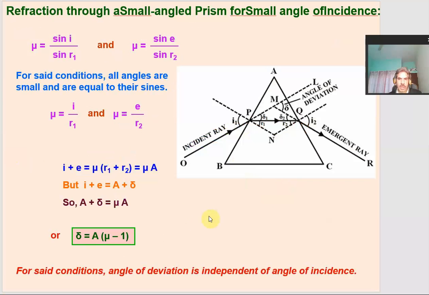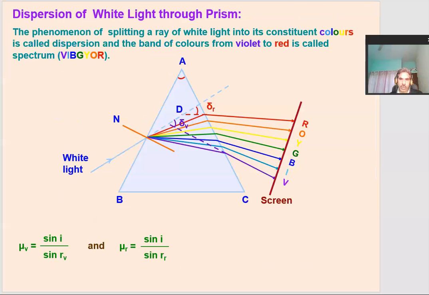Now if you focus again on this formula, it says that deviation will be more for a higher refractive index and less for a lower refractive index. We can apply this here because red color has the least refractive index of the prism.